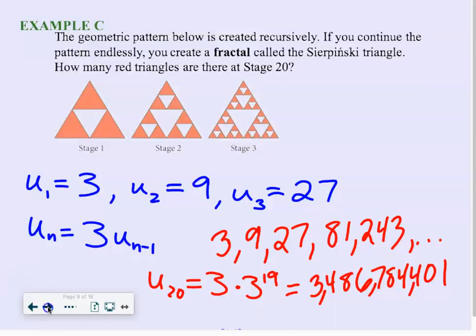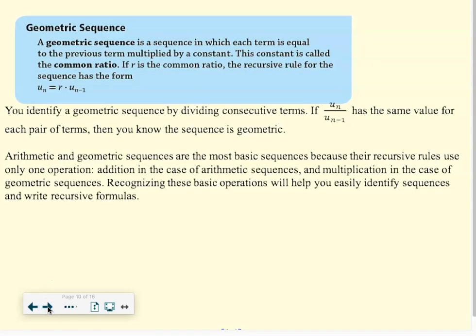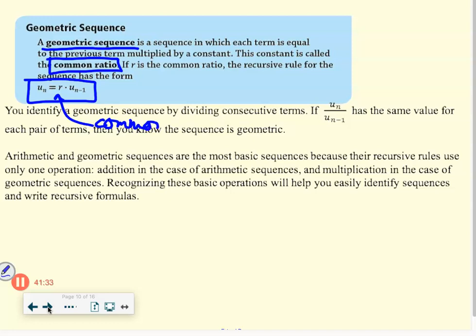Good work on that. Okay, so don't write all these words down. Just know that when you have a geometric sequence, the number you're multiplying by is called the common ratio. That's what you multiply to get from one term to the next. And your general form looks like this: u sub n equals r times u sub n minus 1.